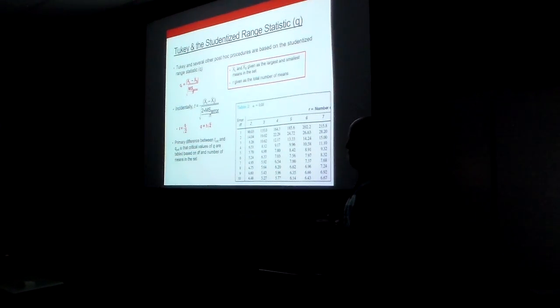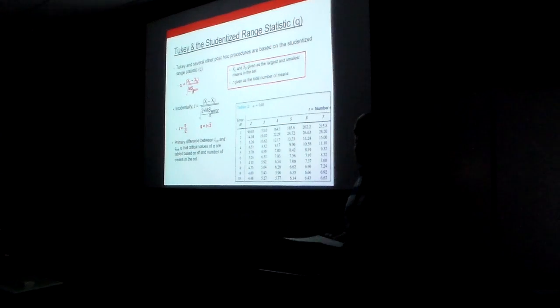No. For 20 degrees of freedom, what happens as the number of means I'm comparing increases? As the number of means I want to look at increases, what does my critical value for Q do? Increases? Yeah, it's getting bigger, right?